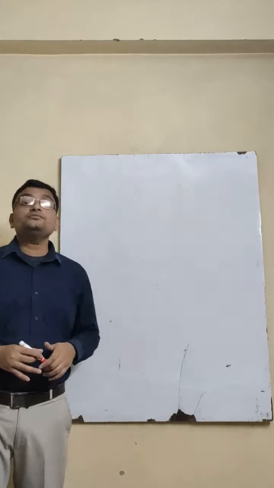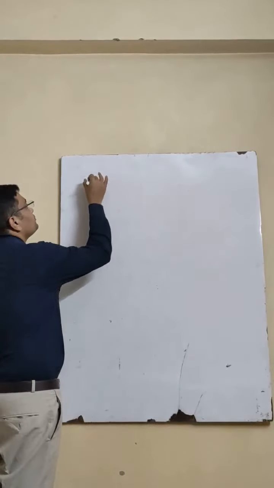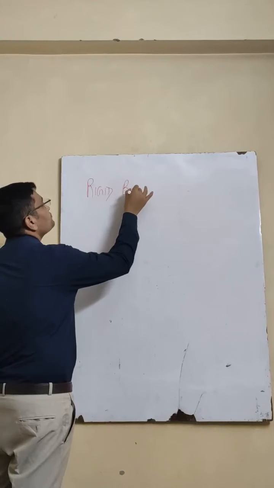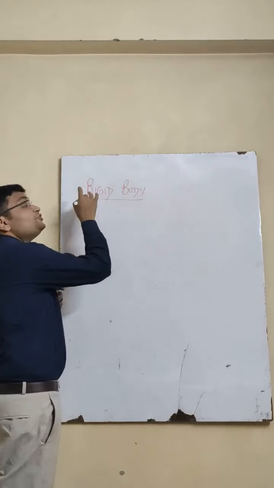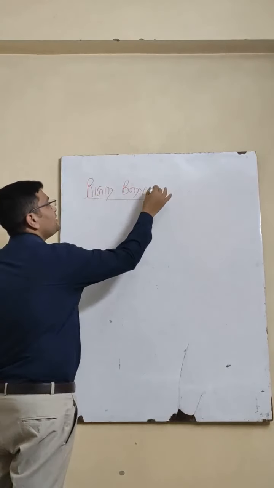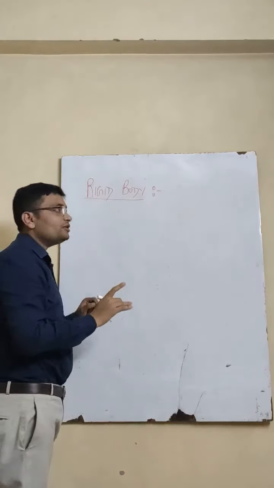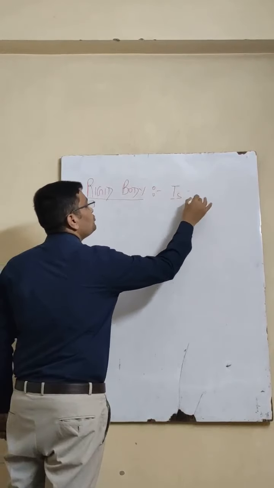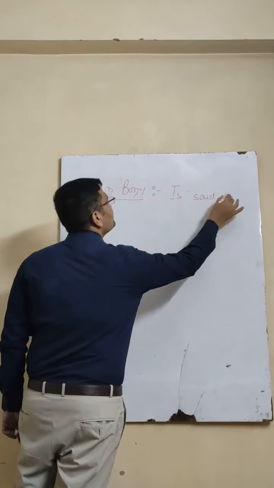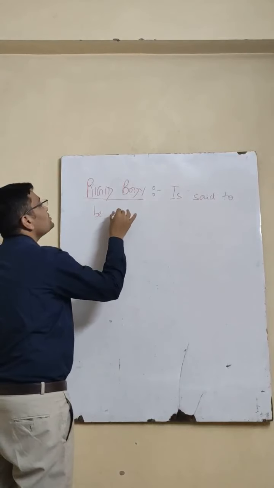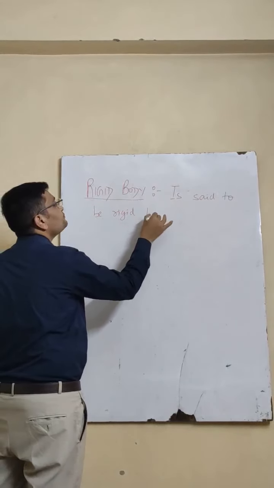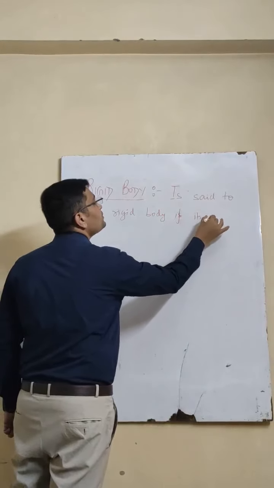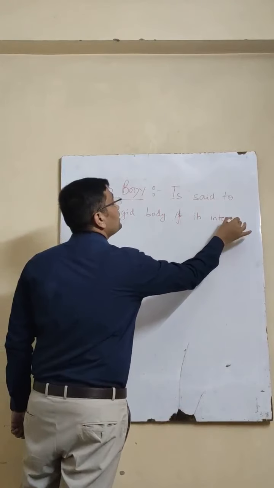Let's discuss the first term, rigid body. Now, what is the meaning of rigid body according to physics? In physics, a body is said to be a rigid body, I will write the definition in very short words, if its internal particles do not change their position under the influence of force.